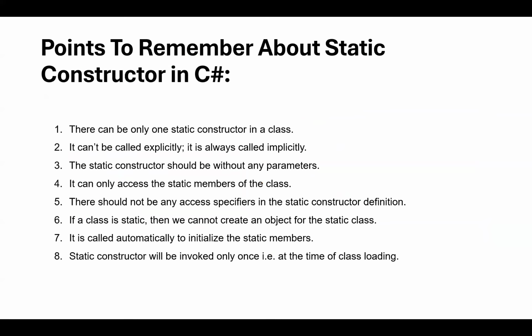In a class, we can have only one static constructor. It cannot be called explicitly. It is always called implicitly. A static constructor should be without any parameters. It's important. You can only access static members of your class.